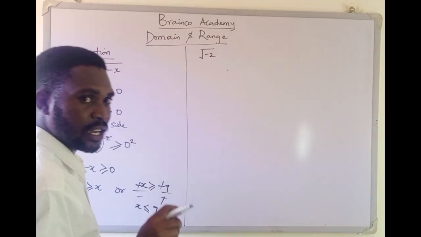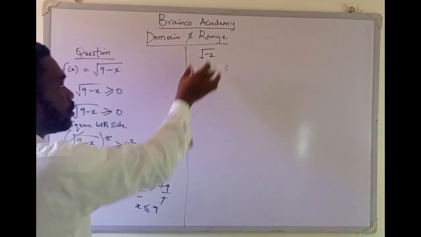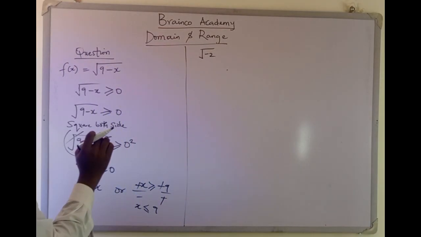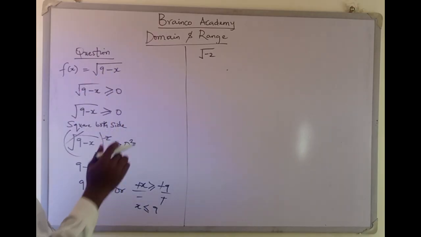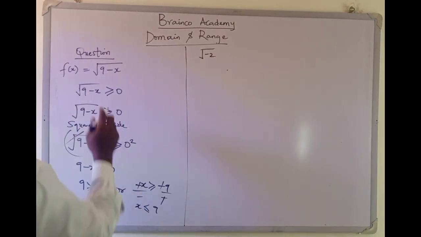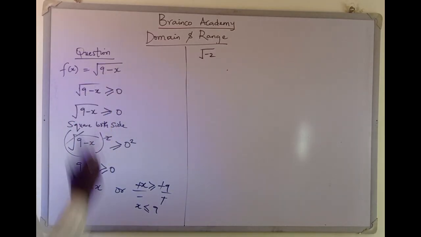Remember, the domain is the input value you put that makes the function defined. So we can't have a negative number under this square root. We will only have 0 and upward. That's why this should be greater than or equal to 0 for this function to be defined.